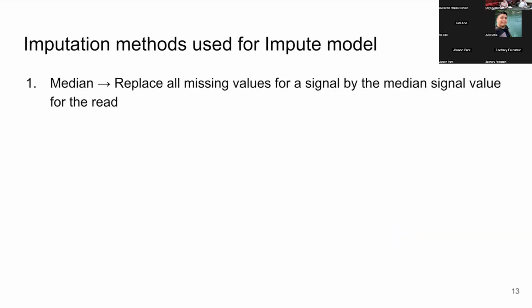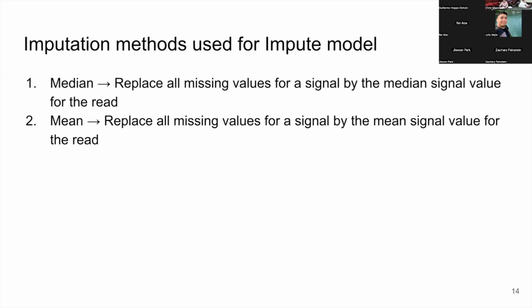The imputation methods we used for the impute model included the median imputation, which just replaces all the missing values in that read with the median value within that read. We did the mean imputation, which is the same thing, but you replace it by the mean instead of the median.